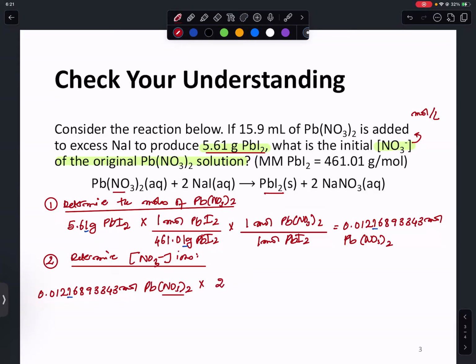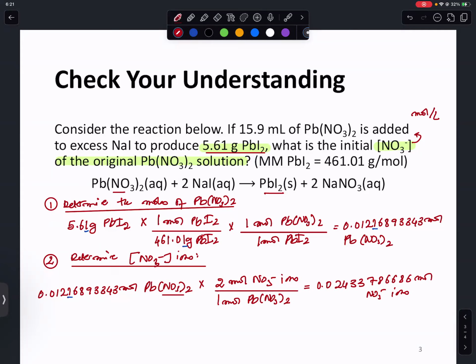So I can say that there are 2 moles of nitrate ions in 1 mole of lead 2 nitrate. And this should give me 0.02433786686 moles of nitrate ions.